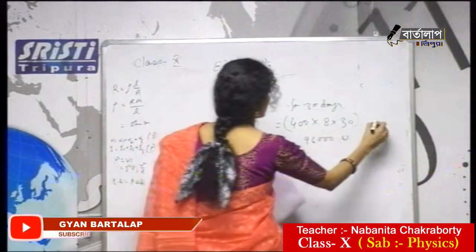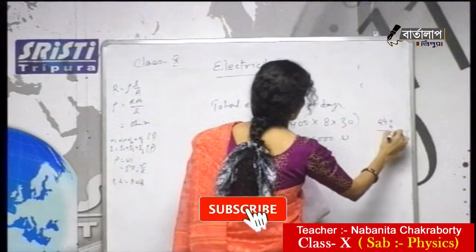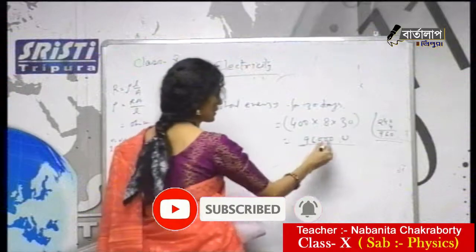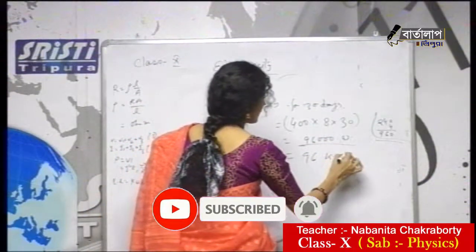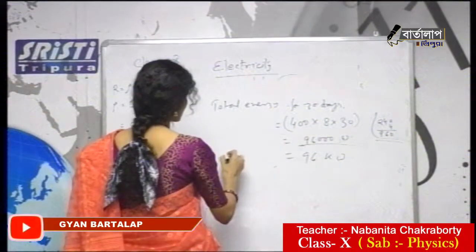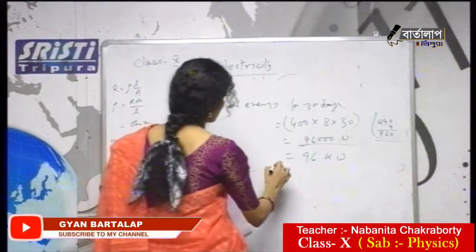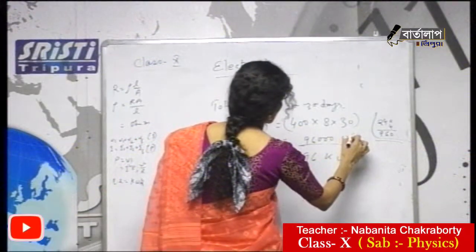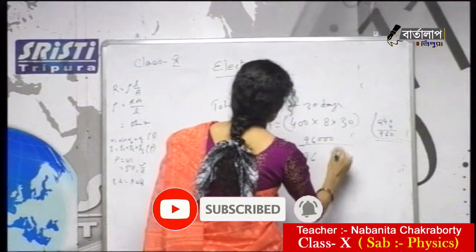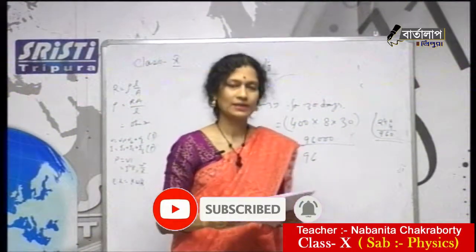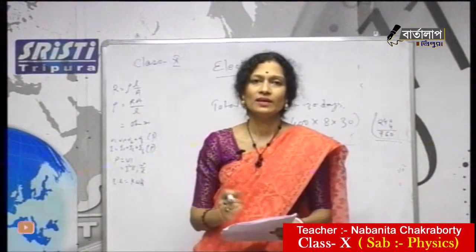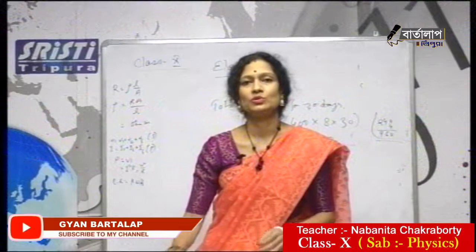That means 96 kilowatt hour. After that, you have to find the cost of energy. That means rupees 3, that means 96 into 3. In that way, you can do that.